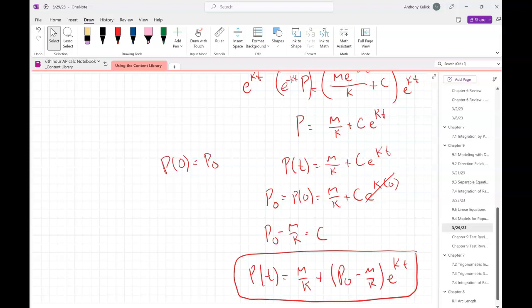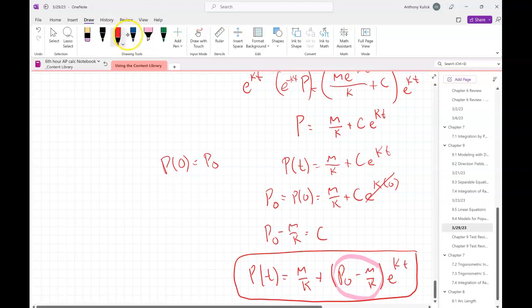Part B then asks, what condition on M will lead to an exponential expansion of population? Well, I need to make sure that this is a positive number.